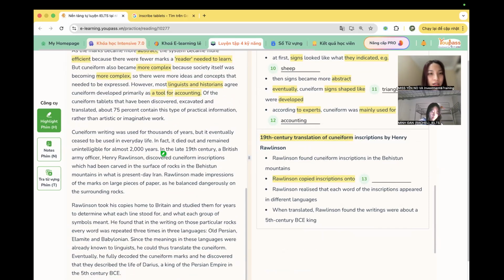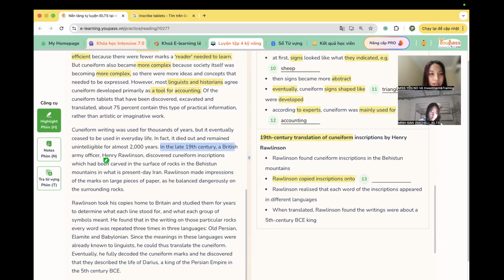In the late 19th century, a British army officer, Henry Rawlinson, discovered cuneiform impressions. He found it, but at that time it was carved in the surface of rocks. So he made impressions of the marks on a piece of paper.